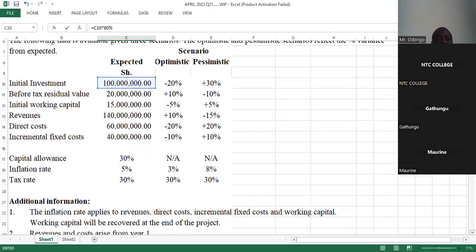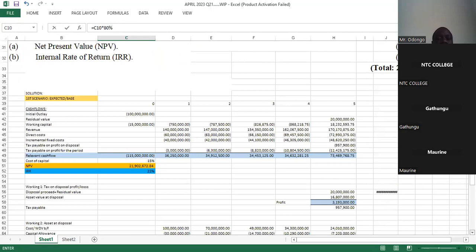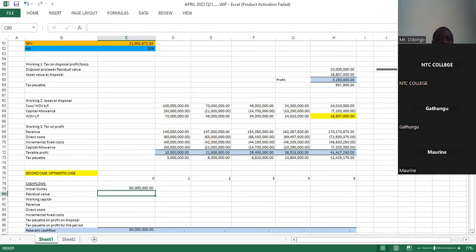That will therefore give us a figure of 80 million, so that I need to make it a negative. So before my cell C10, I'll just put minus, so that comes to negative 80 million.